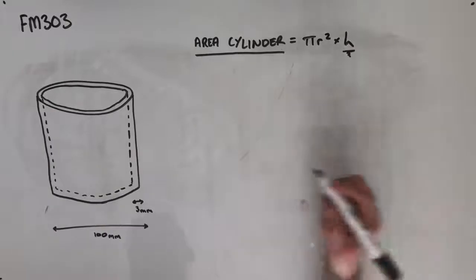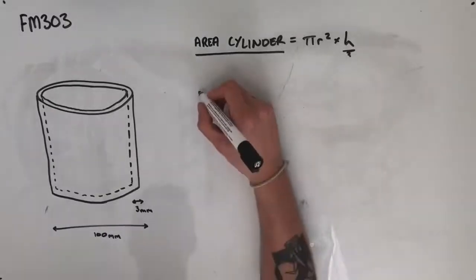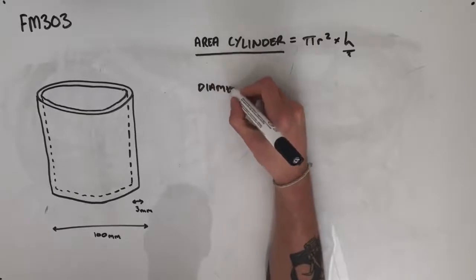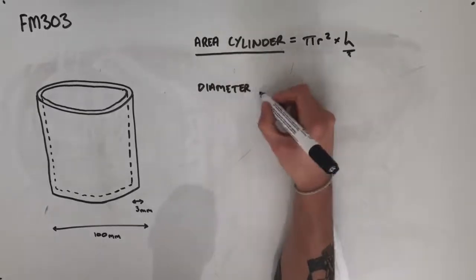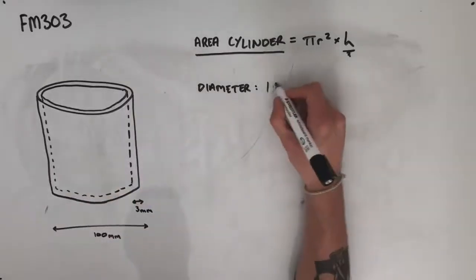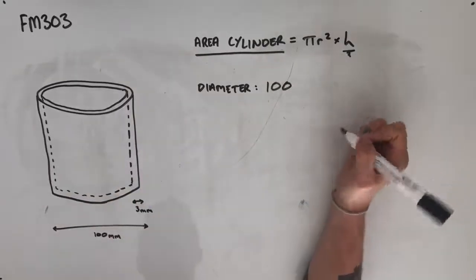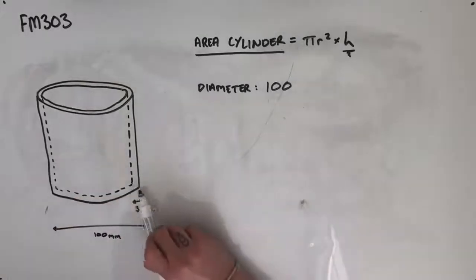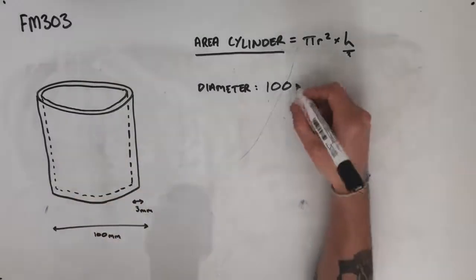Diving straight into this question, we can first figure out what the diameter would be by taking the diameter of the whole pipe, which is 100 millimeters, and then subtracting the 3 millimeters from each side, so 3 and 3, which ends up being 6.